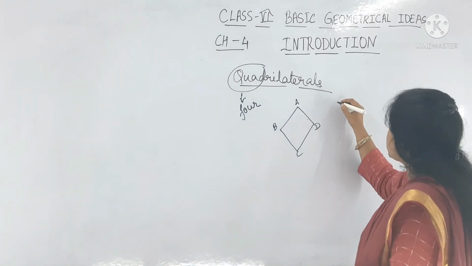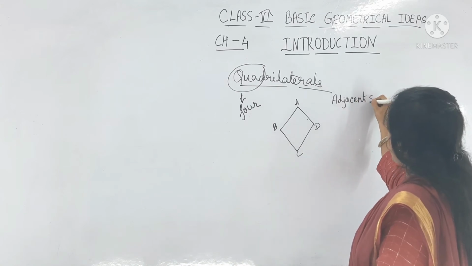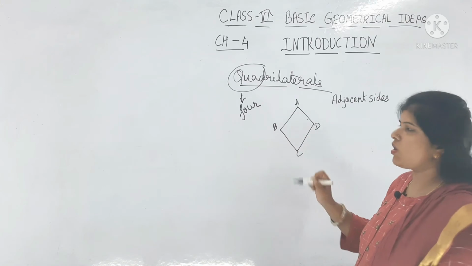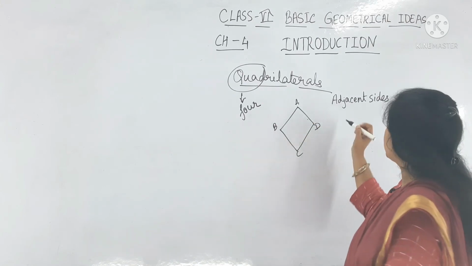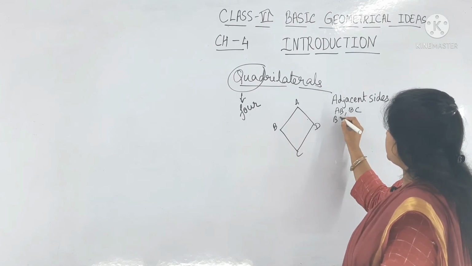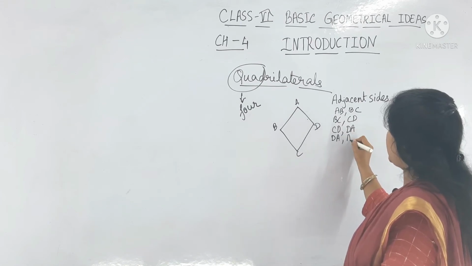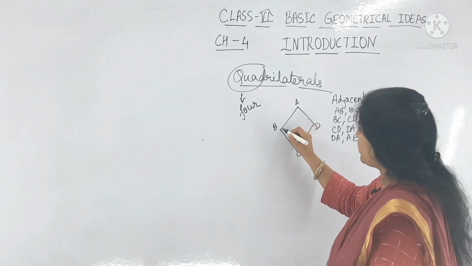So here you can see that adjacent sides means neighborhood, okay, that is AB and BC, BC and CD, CD and DA, and DA and AB. So these are the adjacent sides, and adjacent angles are like this.